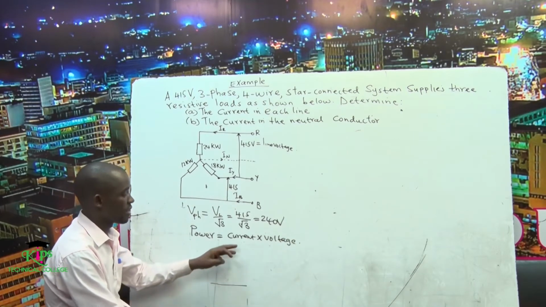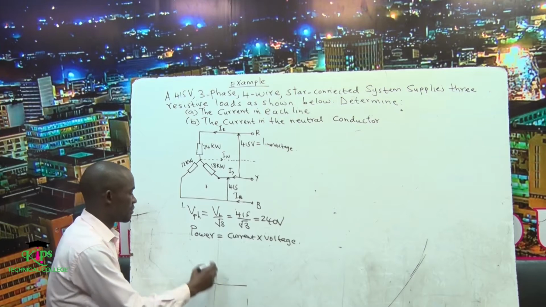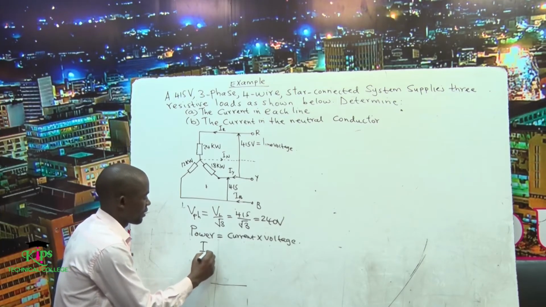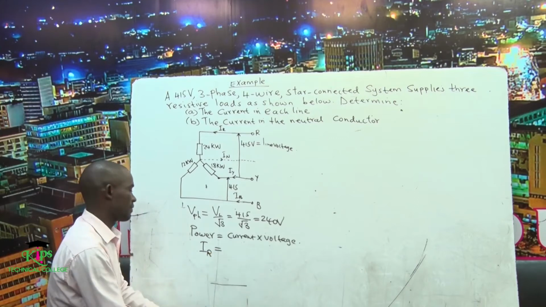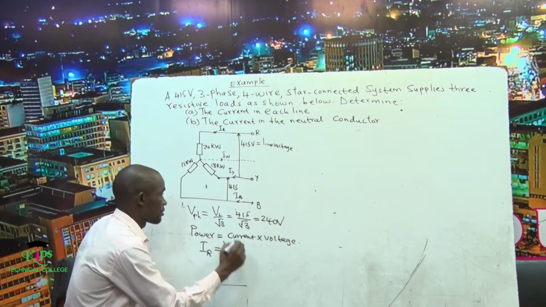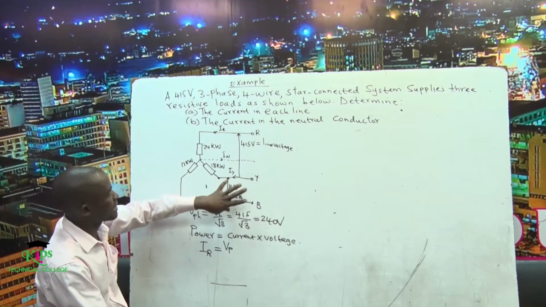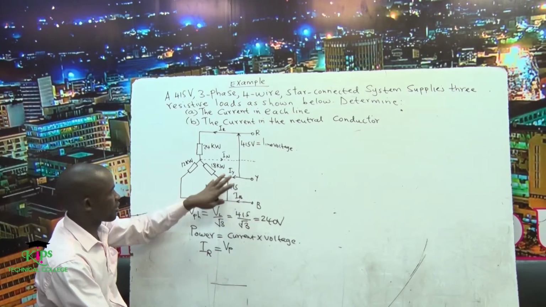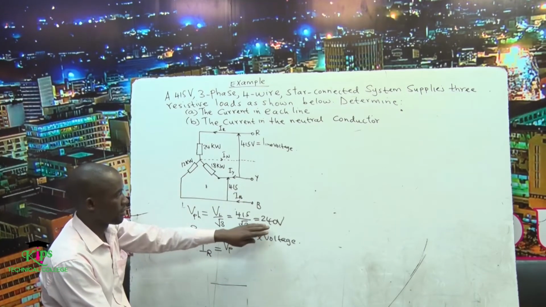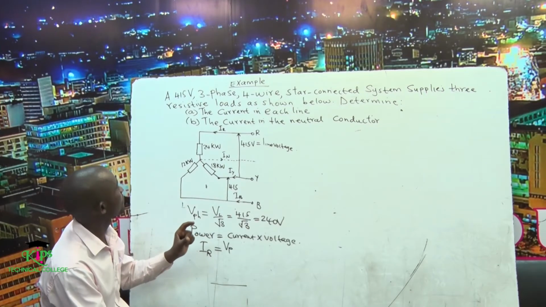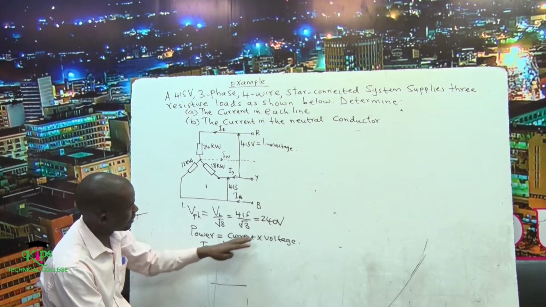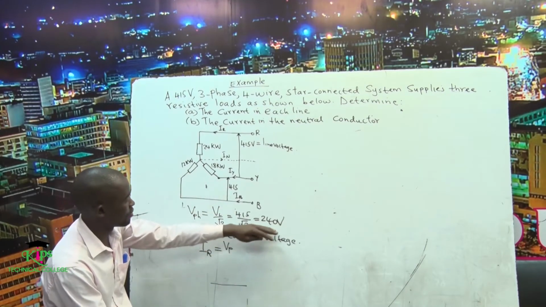Because we are interested in current, the current passing through the red phase will be given by the phase voltage. Because this system is balanced, the voltage across each phase is the same, so each phase was receiving 240.